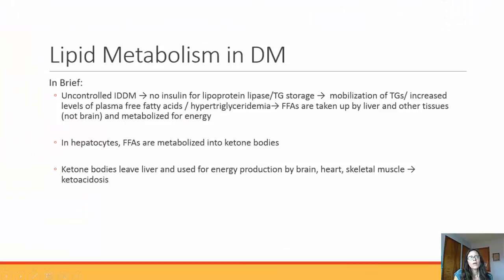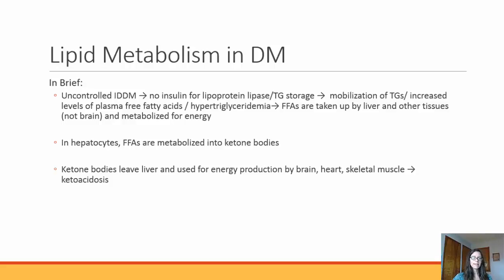Okay, so then these triglycerides are just in our blood and they can be taken up by the liver or other tissues, not the brain, and metabolized for energy. But if we don't have enough glucose and we have all of these free fatty acids, then in our liver, the liver is going to say, okay, we're really running low on energy here. And what's going to happen is it's going to produce ketone bodies.